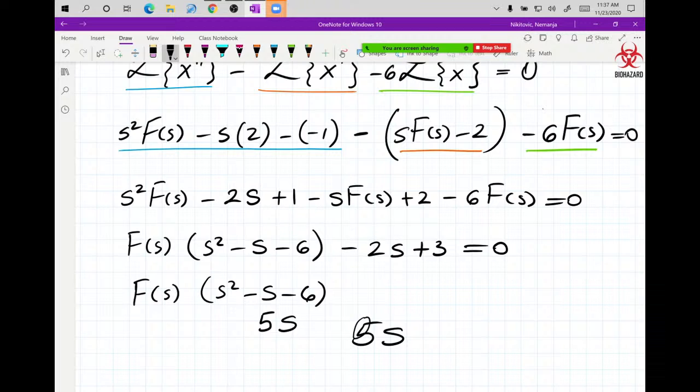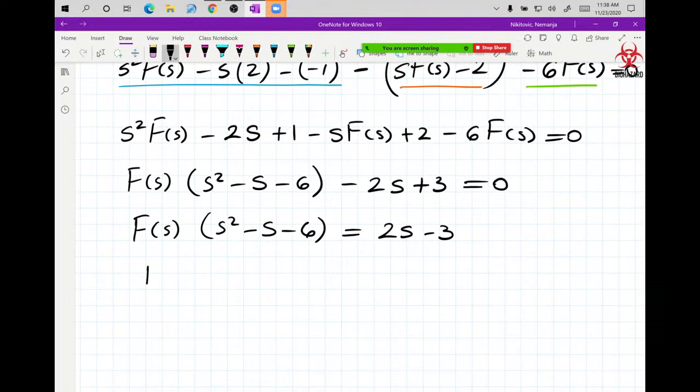Because I've seen a lot of grades die due to this becoming 25 when it's actually 2s. So be very careful about that. It sounds funny now until exam anxiety kicks in and then you start making those mistakes. So pay attention. So this is 2s minus 3 divided by s squared minus s minus 6.